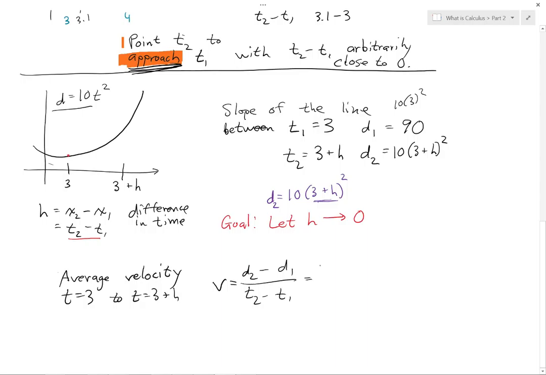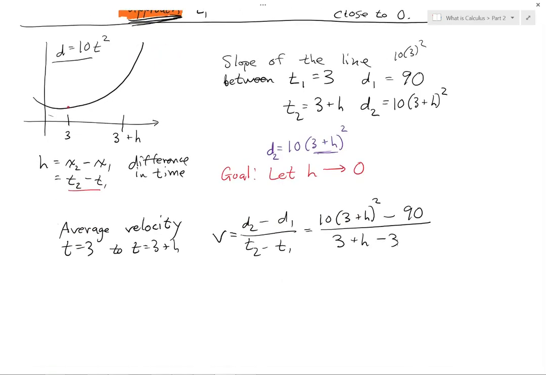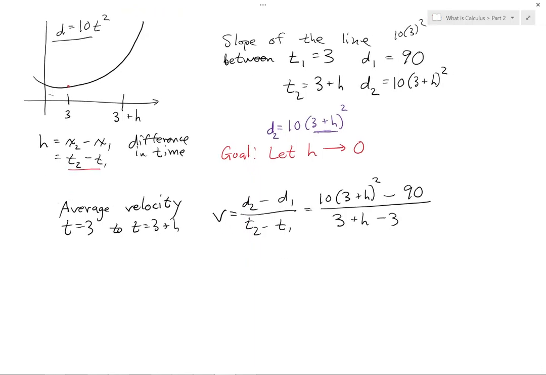D2 is 10 times (3 plus h) squared, D1 is 90, and T2 minus T1 is 3 plus h minus 3, so that denominator is just going to become h. And therein you see the problem. We can't let h be 0 because then I'll have a 0 in the denominator. It seems like a contradiction, but bear with me a few minutes, and I'll show you how we're going to do this.